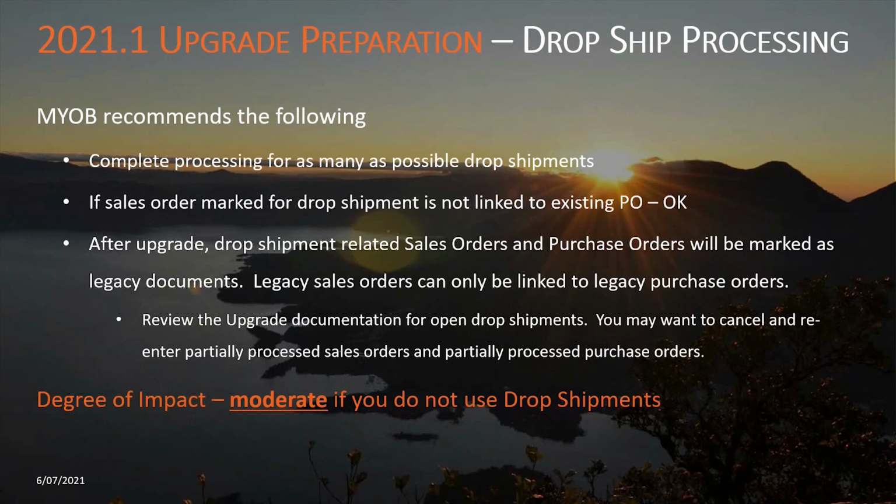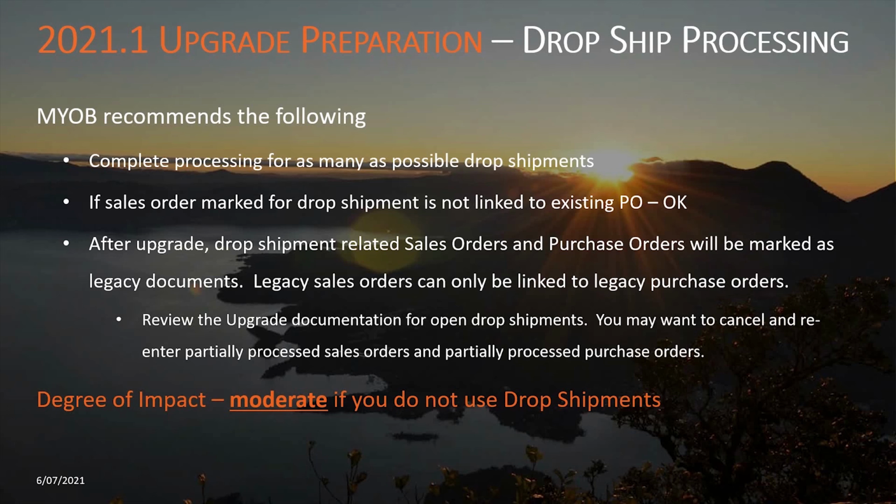Dropship processing. If you're using dropship processing quite a bit, then I recommend you have a good review of the documentation in relation to drop shipments. Complete as many drop shipments as you can. If you can, cancel remaining ones.